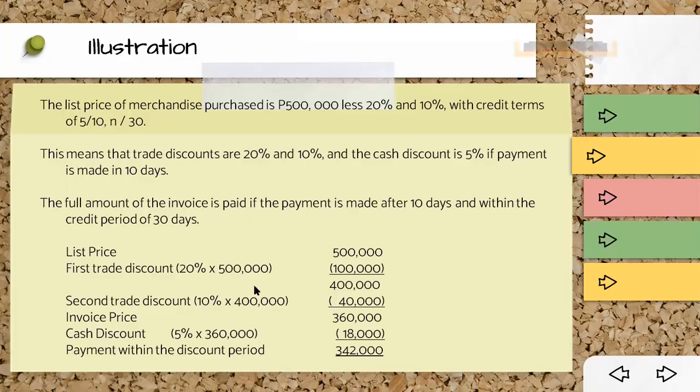So that's a shortcut in computing for your invoice price when there are two trade discounts. Now, when payment is made within the discount period, we deduct the cash discount of 18,000. So the buyer will pay only 342,000. Beyond the discount period, the buyer will pay 360,000.